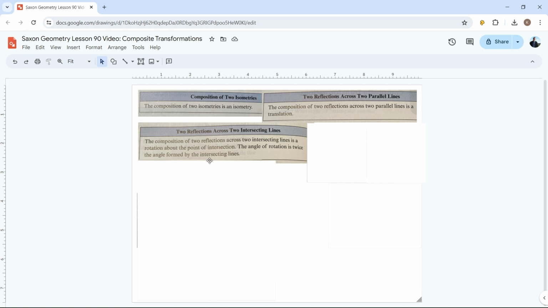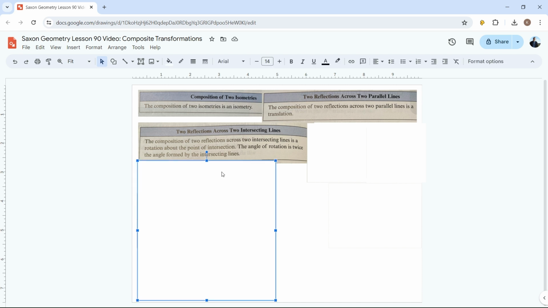We're going to see that that is the case. We're going to actually witness that. And then this last point is really important. The angle of rotation is twice the angle formed by the intersecting lines. In our last problem, we're actually going to work that math out.